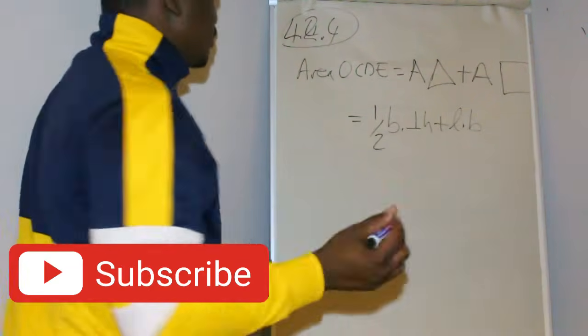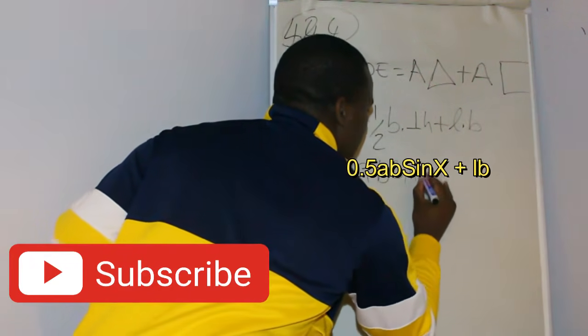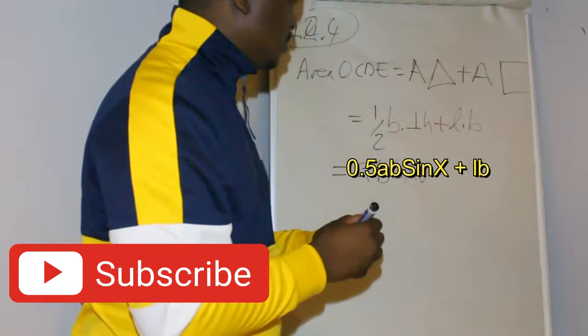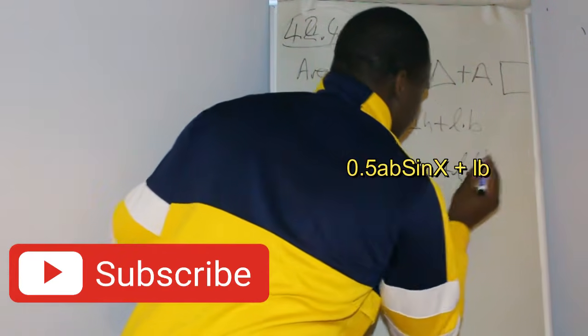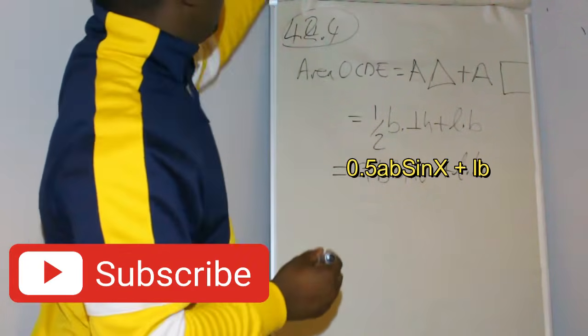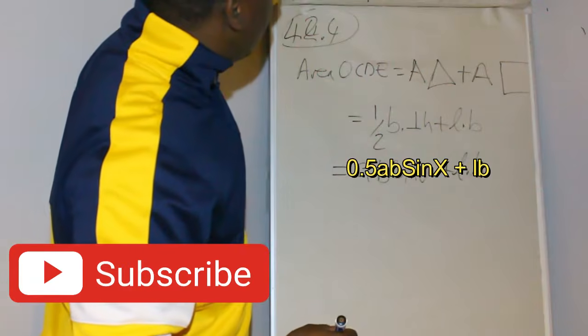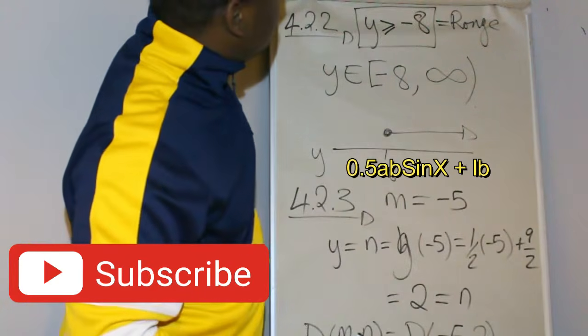Or if you are grade 12, you can say it's going to be half AB sine theta, where theta is the angle between the sides, plus length times breadth. So what is your A and B? They are the lengths of the sides of your triangle.